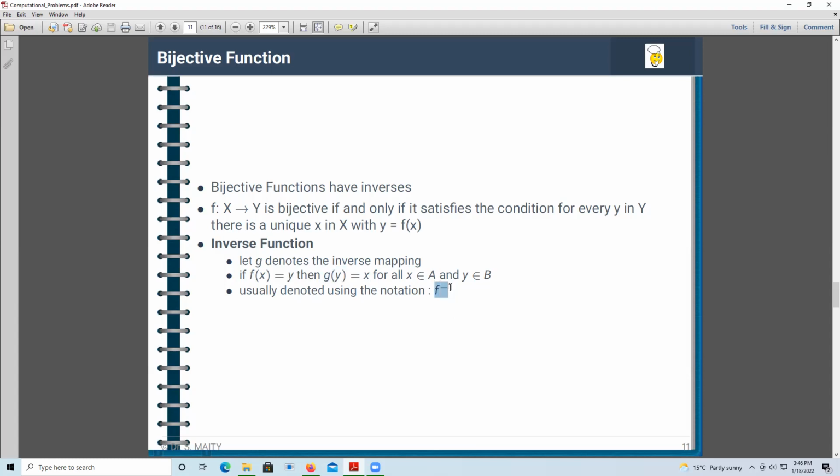There is no bound that you have to write f inverse. You can say that g is the inverse function. Remember, g is a function. g and f are not the same function. Okay. So far, is there any doubt or is everything clear?